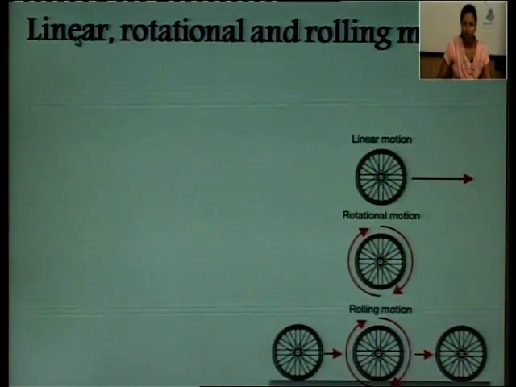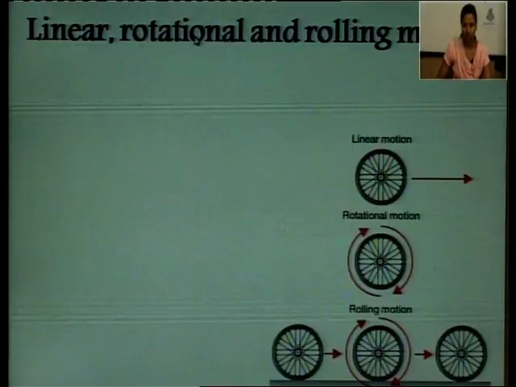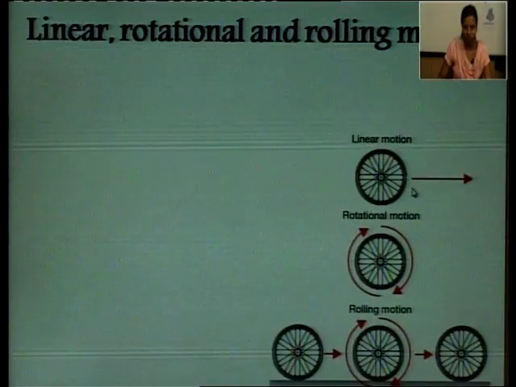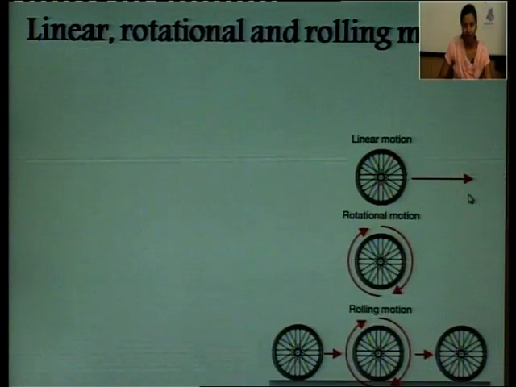Next we come to what is linear motion, rotational motion and rolling motion. Linear motion is a type of motion which is along a line. It is not circling, it is only moving in the forward direction. In rotational motion, it is rotating around an axis and along the same radius r.